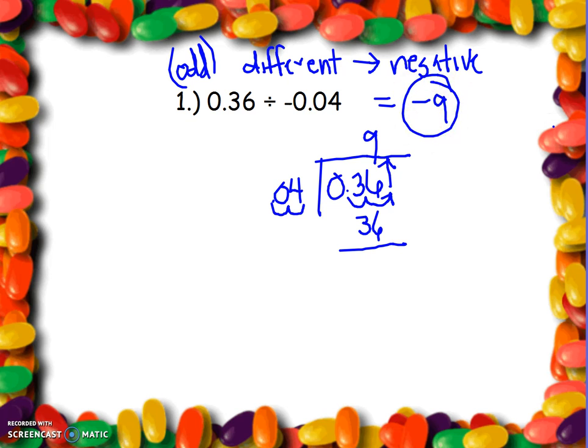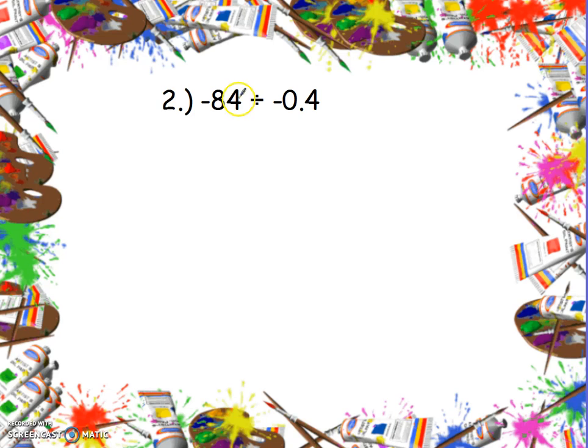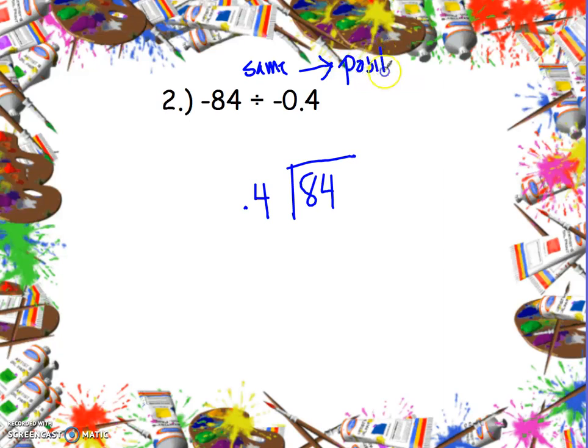Let's take a look at number 2. This is going to go in the dividend. This is going to go in the divisor. The signs are the same, so it's going to be positive, or they are an even amount.